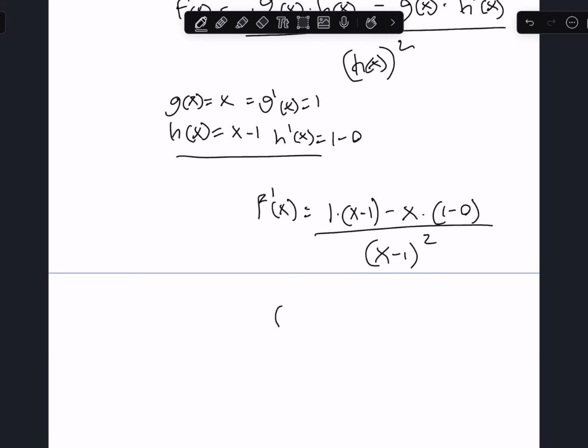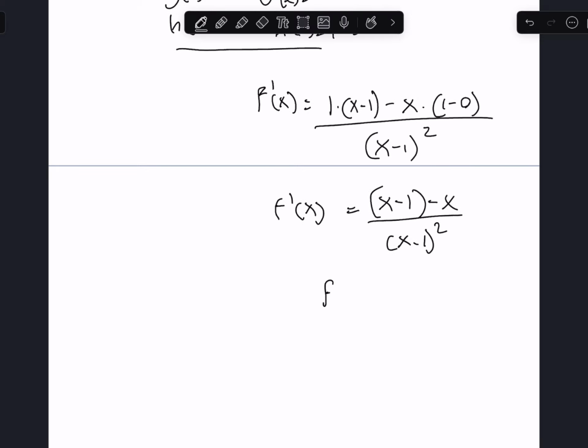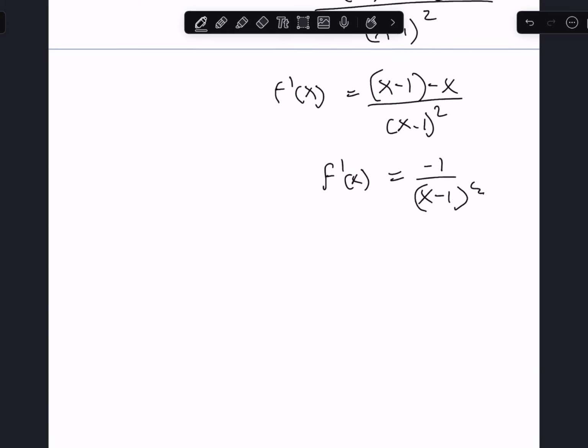If we further break down this equation, we get f prime of x equals x minus 1 minus x over x minus 1 squared. F prime of x equals negative 1 over x minus 1 squared. And that is the first derivative. Now, to find the second derivative, we just have to do the quotient rule again, right?